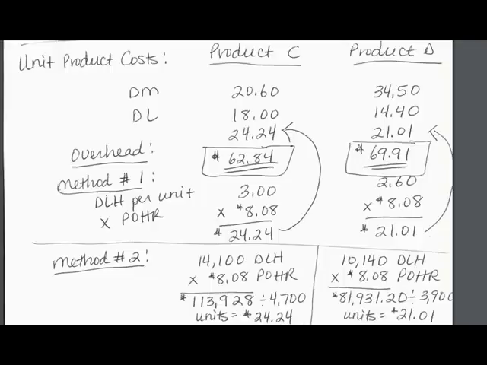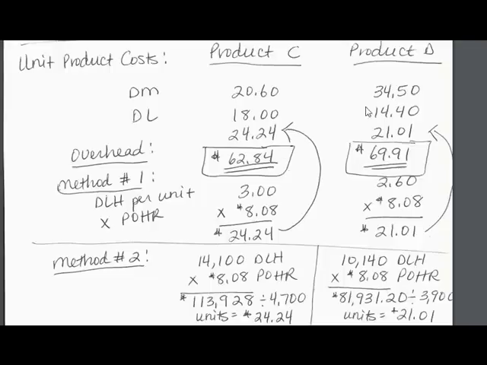So either way, it's $24.24. I'm going to add that per unit overhead cost to direct materials and direct labor costs per unit to get my total unit product cost for product C.